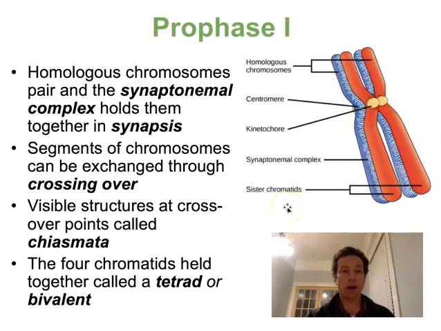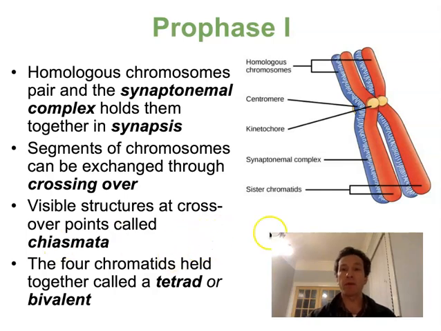And as we've already talked about, during prophase, we have the process of crossing over. That is when chromosome arms can break off and reattach to the other chromosome such that we have new combinations of genes. The points where crossing over occurs are called chiasmata, and we'll see a slide for that in just a second.